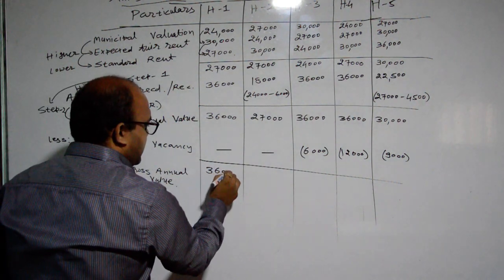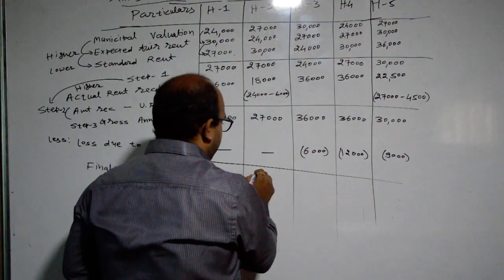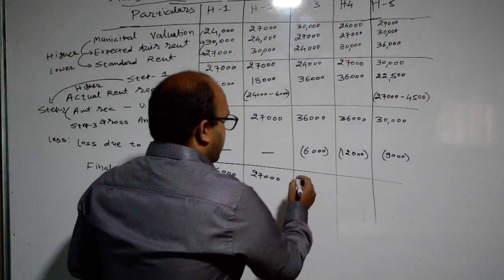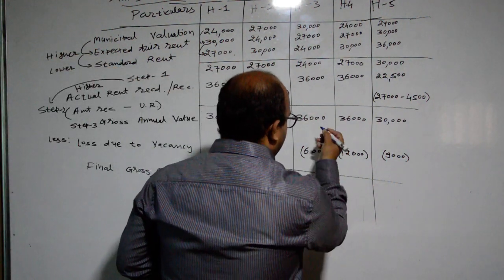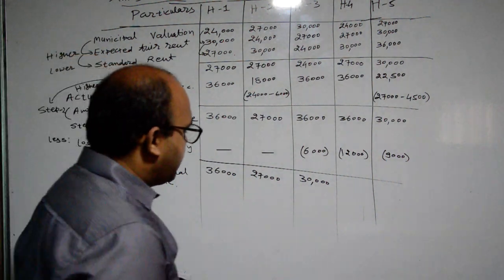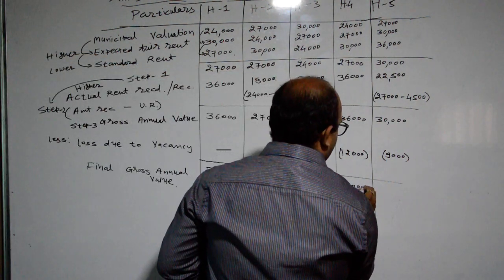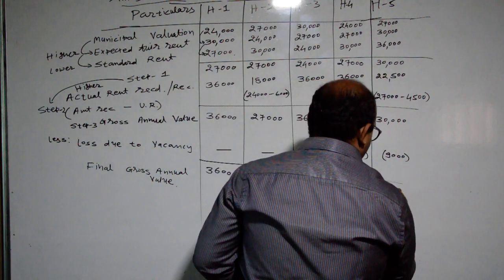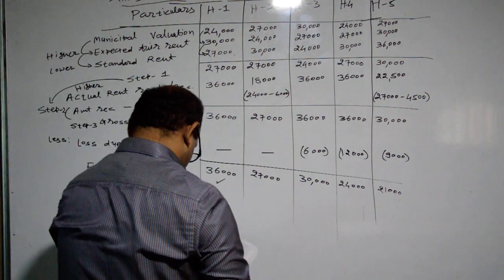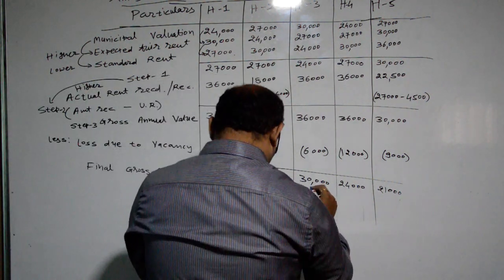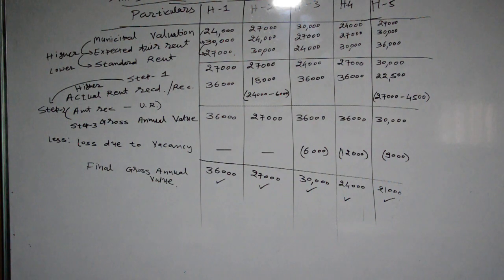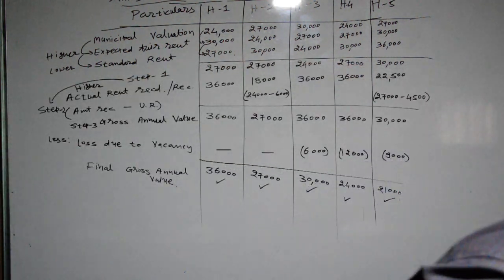Where nothing is given, no deduction is required. Here 27,000 needs no deduction either. Here 30,000 after deducting. 36 minus 12, 24,000 will be there. And then here 21,000. If we match with our book, 36 is correct, 27 is correct, 30,000 is correct, and 24,000 and 21,000. I hope you students all understand that.